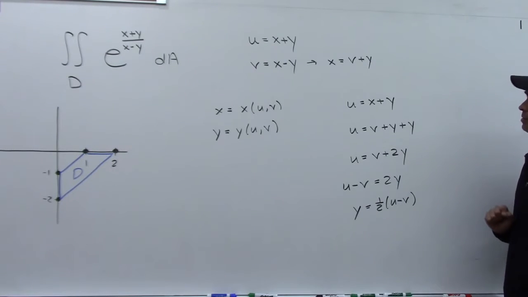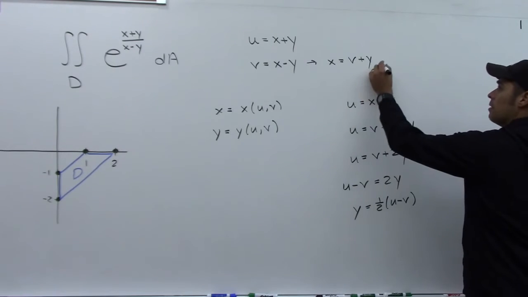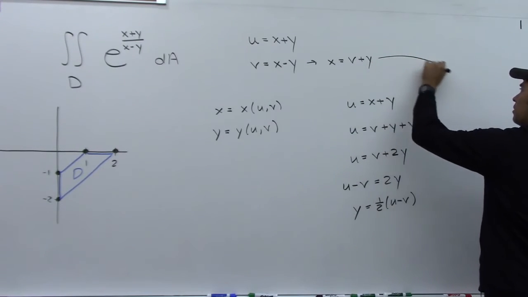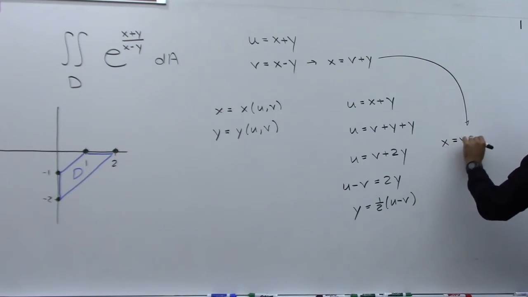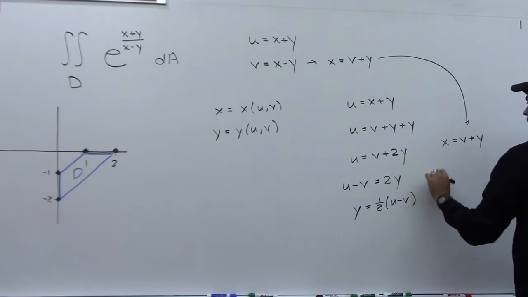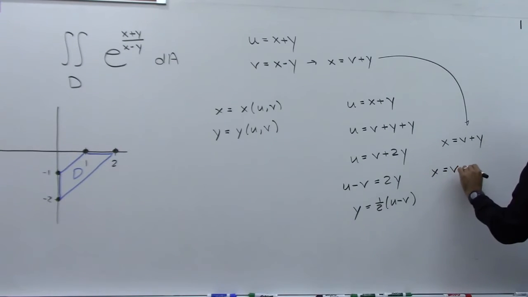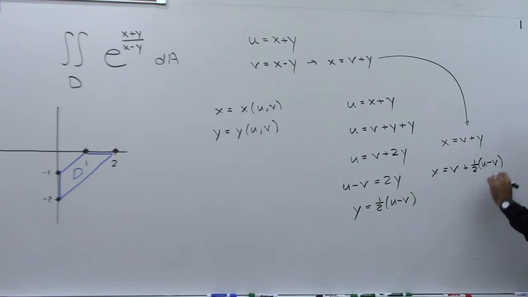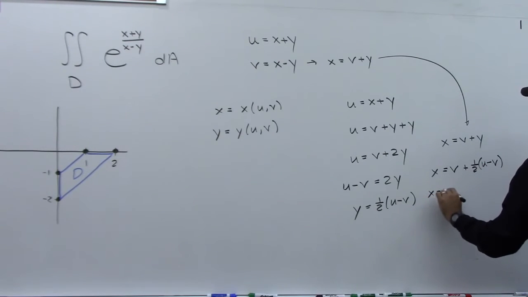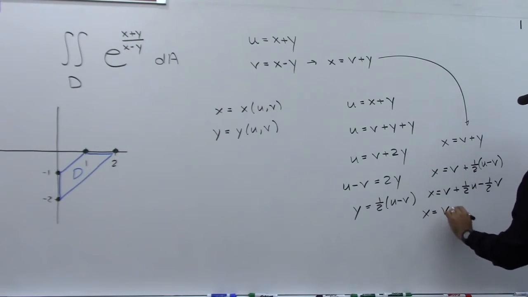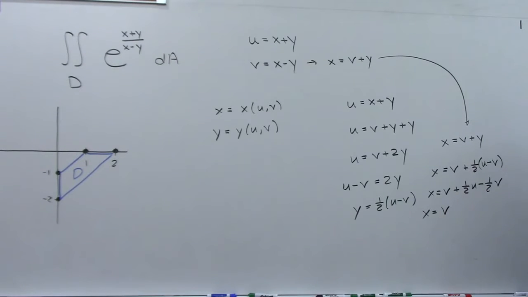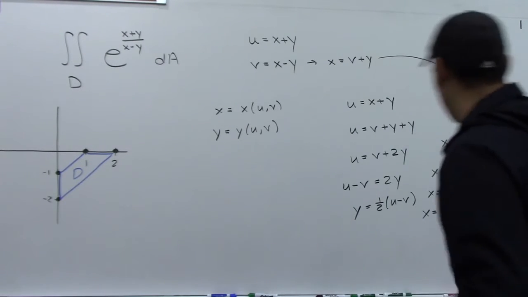Then I'm going to figure out what x is. So let's go up here to this equation we had for x. x is v plus y, but y we just said was 1/2 (u minus v). Let's distribute the 1/2 through: 1/2 u minus 1/2 v. So x is equal to v, and then take a v and subtract a half v, I get another half v.